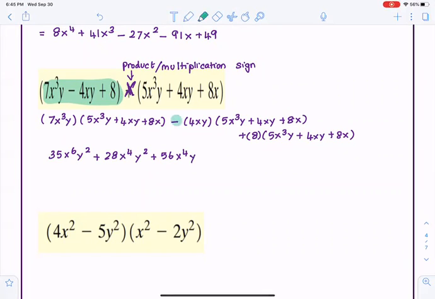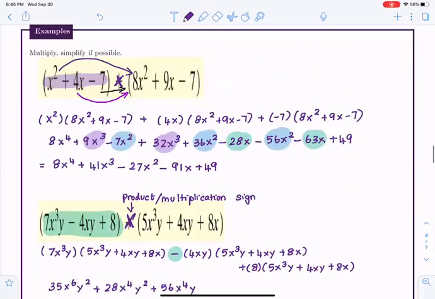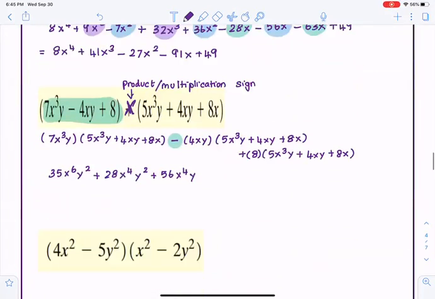Since there is a negative, that negative has to be carried through. That is one of the most common mistakes that folks make. They don't carry through that negative as they multiply or as they distribute. So negative 4xy multiplied by 5x cubed y would be negative 20x raised 4 y squared.